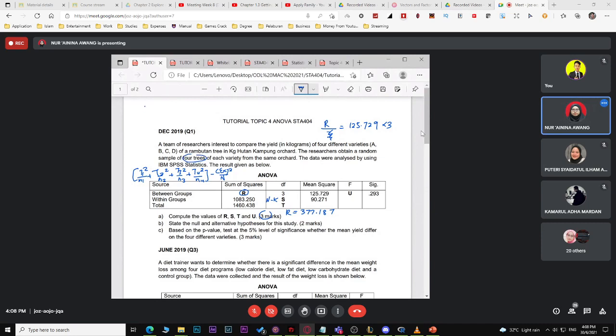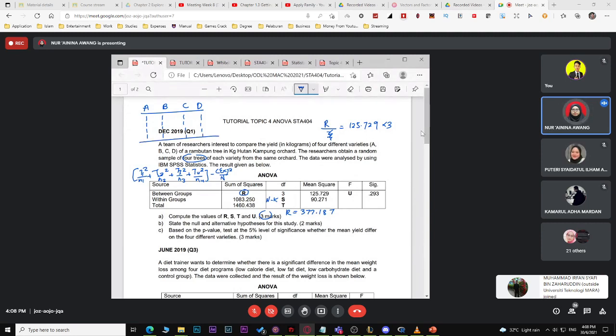So you have A, B, C, and D, and for each sample you have 4. This is just an example. So your total number of observations, your total sample size, is 4 times 4, so 16. So you know your number of observations is 16. So 16 minus 4, and you will get the value of S.